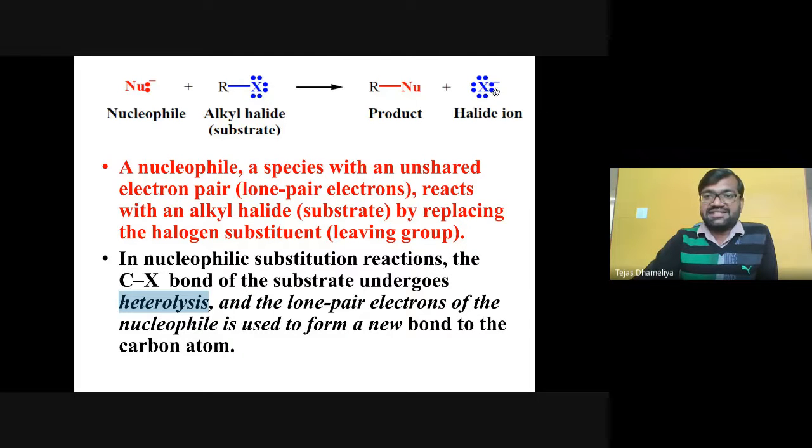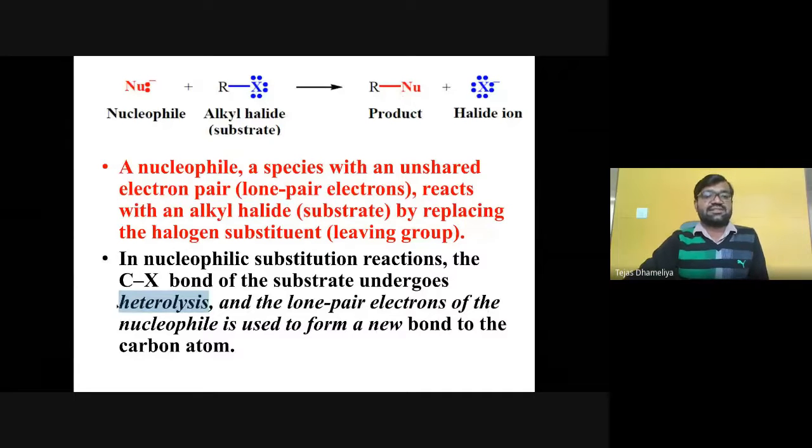One of the ions is getting a negative charge, the other may be getting a positive charge. One of the species is taking the electron to form a new carbon-nucleophile bond. So that's why this is a reaction which is termed, let us say, I can update you, basically heterolysis.